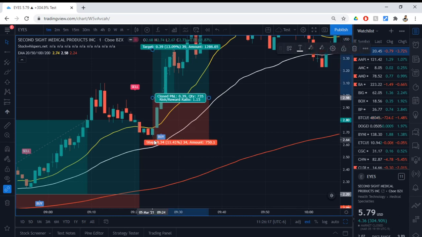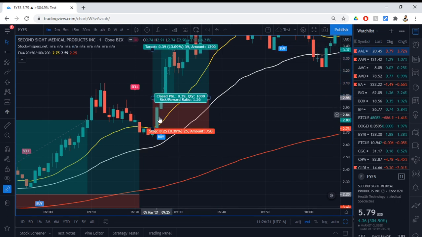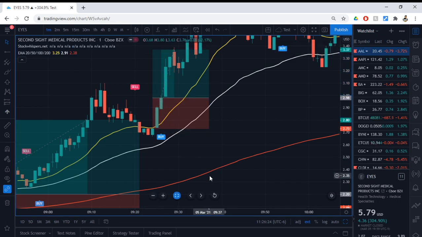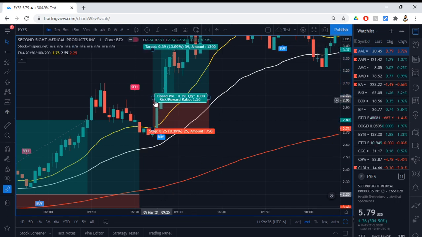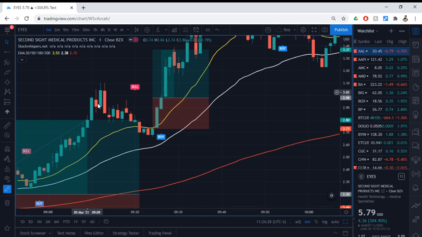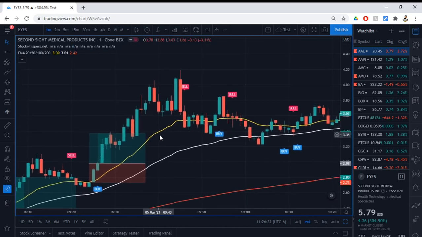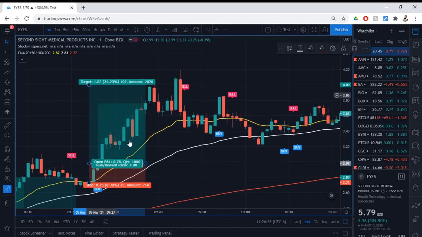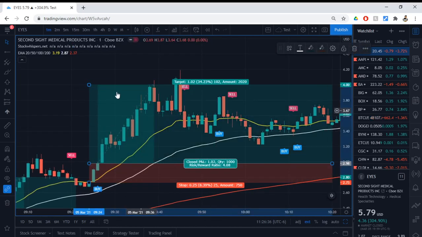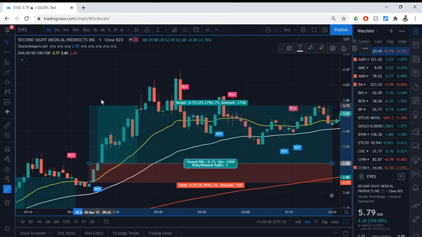You're not putting your stop loss down here. You're putting your stop loss under the candle right before your entry. So here you're risking 8%, you just made 27%, right? And we're going through the same motion again, right?